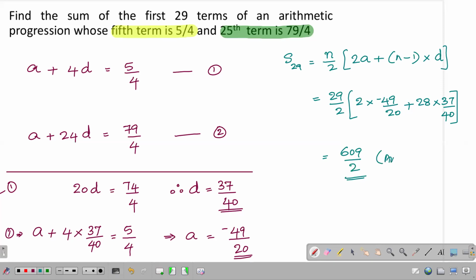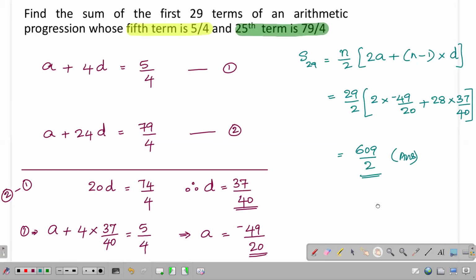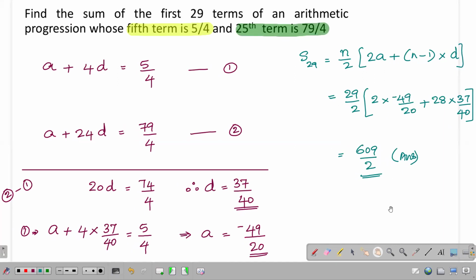As far as this question is concerned, 609 by 2 is our final answer, the sum of the first 29 terms of this AP. So we have considered 4 questions.